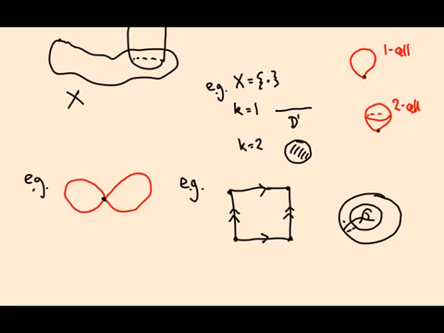So maybe one of them will look like that and one of them will look like that. And the point is now, if you think of this, maybe I'll do it in red, as X, which is the space we built in the previous example, a wedge of two circles, then the torus is obtained from X by adding a square.